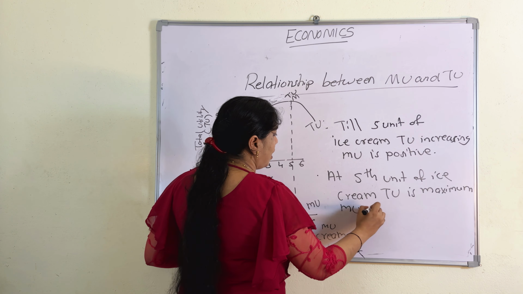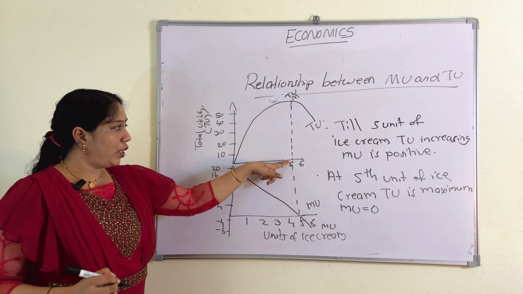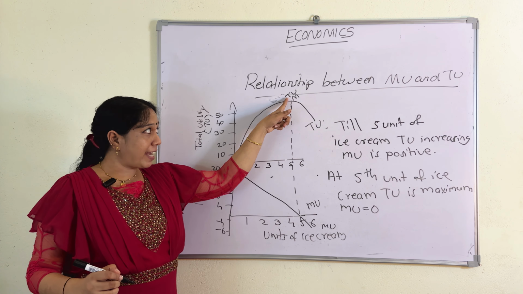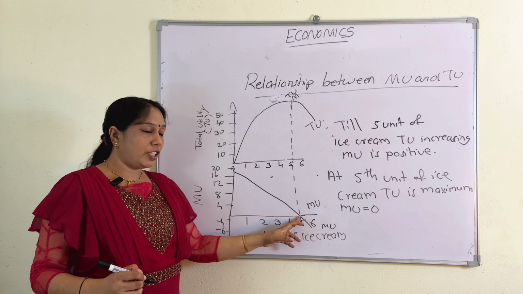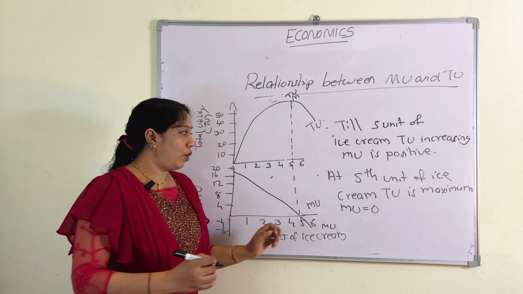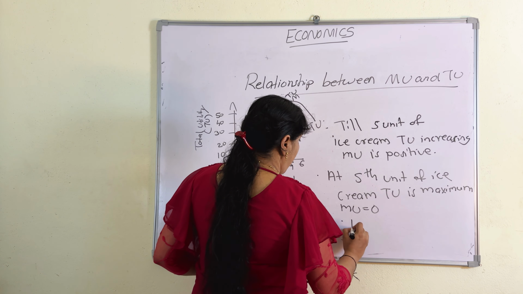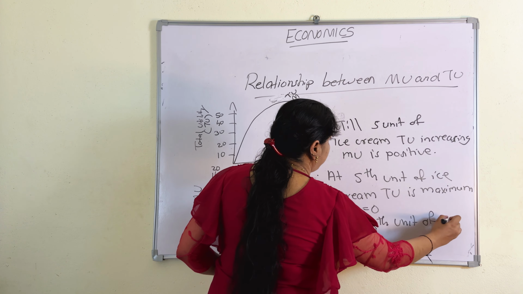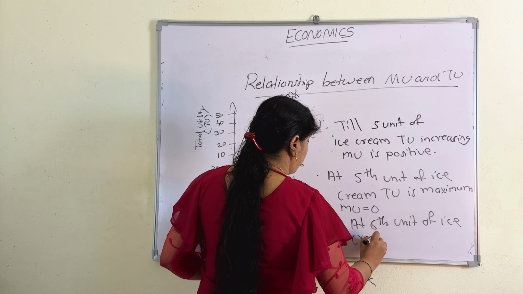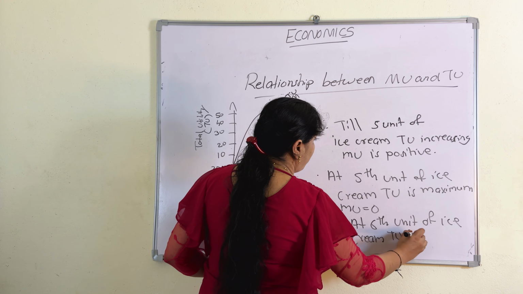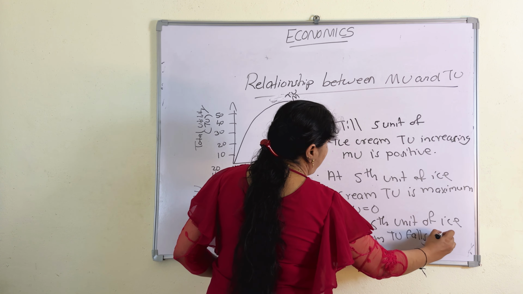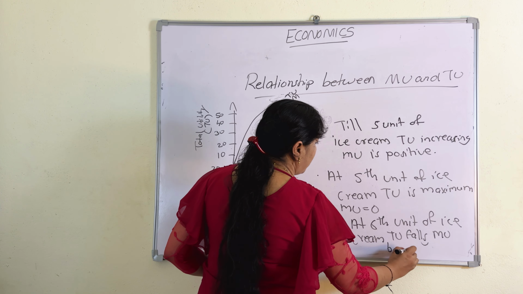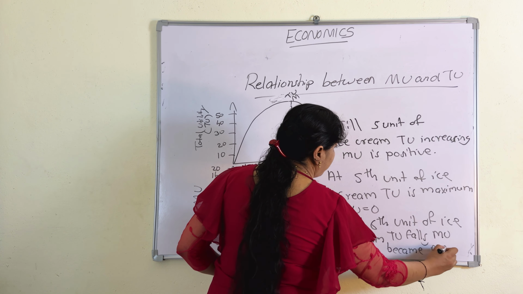Marginal utility is equal to 0. At the 5th unit, you can see the total utility is maximum, and that time marginal utility became 0. Next one, at the 6th unit of ice cream, total utility falls and marginal utility became negative.